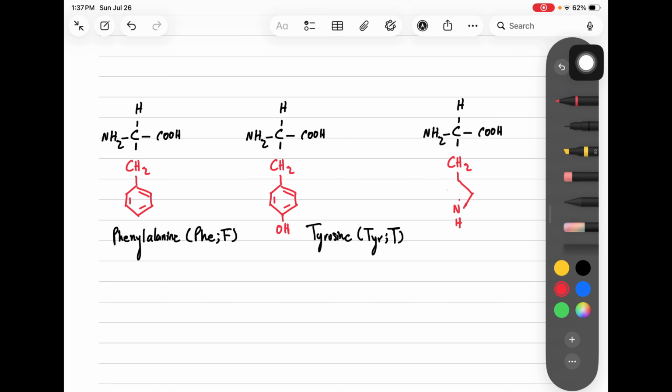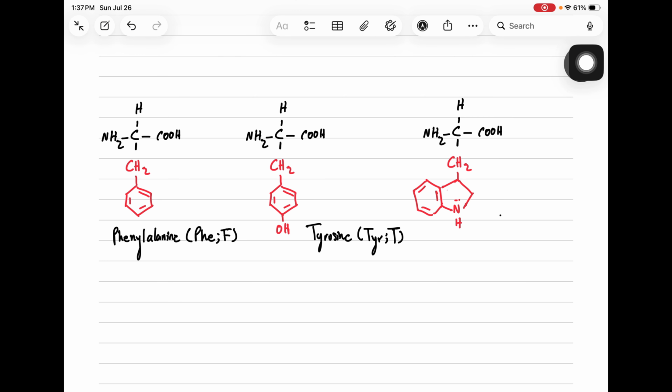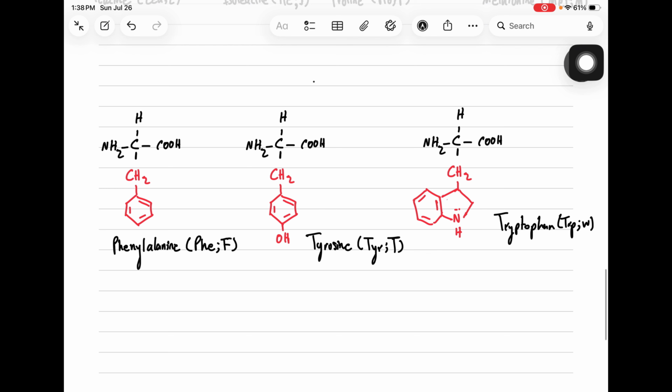An NH group here, with its ring structure, with a benzene ring here. This is called tryptophan. We're going to show it with TRP and the letter W. These are the aromatic amino acids that we have.